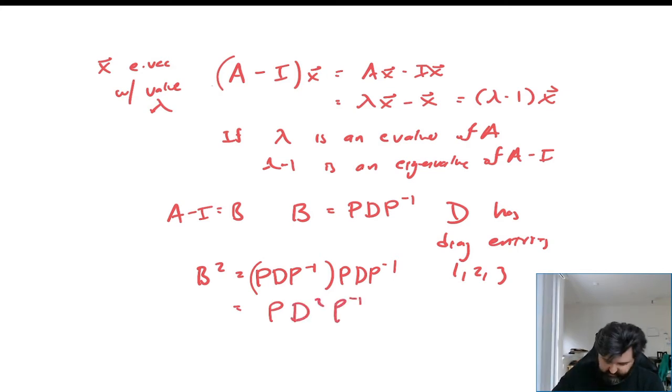Now what this says is that B squared, so A minus I squared, is similar to this matrix D squared, and D squared is just going to be 1, 4, and 9 on the diagonal entries.